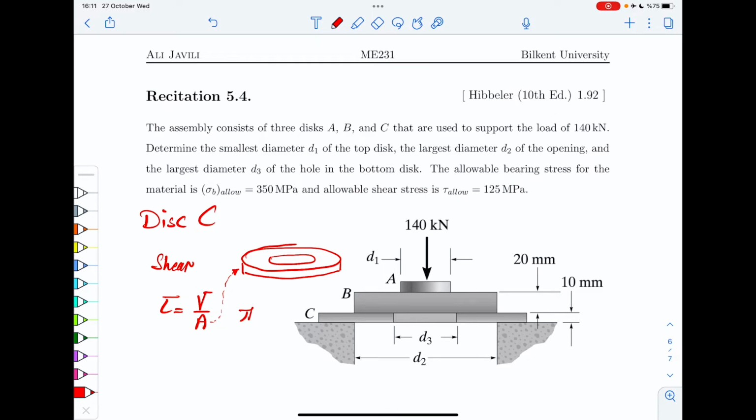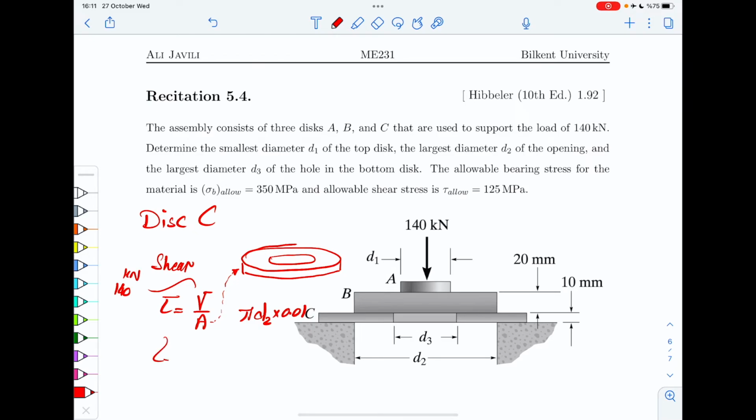So that would be pi times d2 times thickness, and thickness is 10 millimeters, so 0.01 essentially. V is the total force, that is 140 kilonewton, as is given.